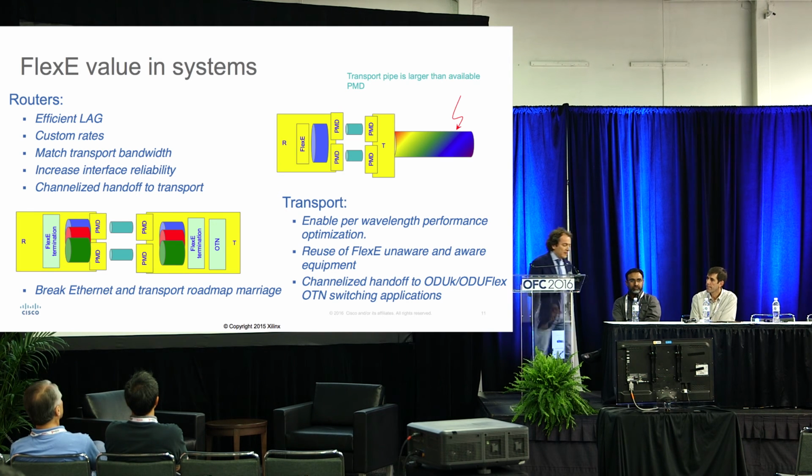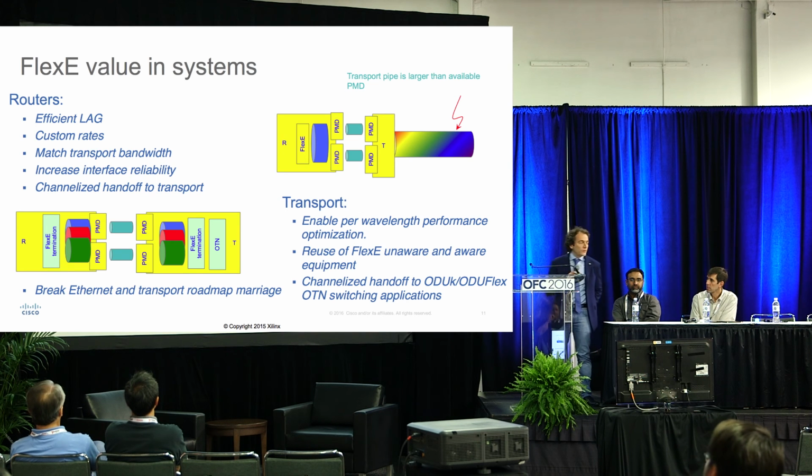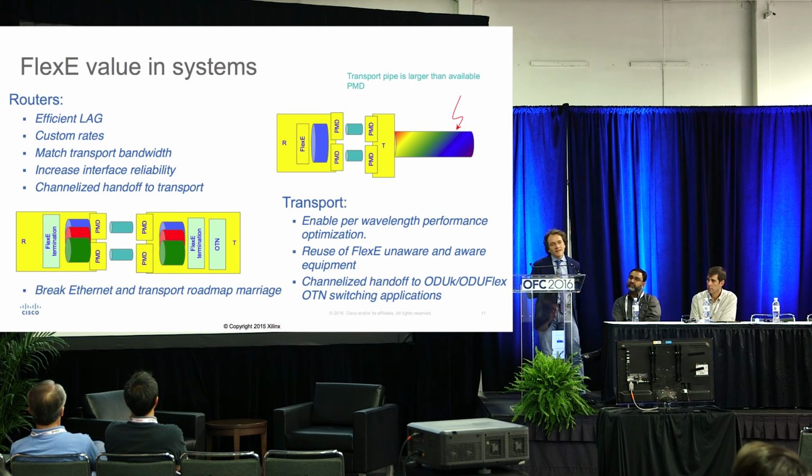We covered already the other application, like reuse of FlexE aware and unaware equipment. Ted showed that you can use 100 gigabit or 200 gigabit transponders that are FlexE unaware, but FlexE is capable of doing even more, even using and adapting rate with FlexE aware devices that are not capable of terminating the full FlexE traffic.